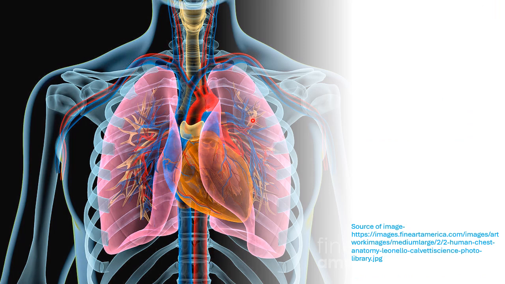So today, through this video, we studied the structure of the thoracic cage or rib cage. Its primary function is to protect vital organs such as the heart, lungs and major blood vessels from external trauma.